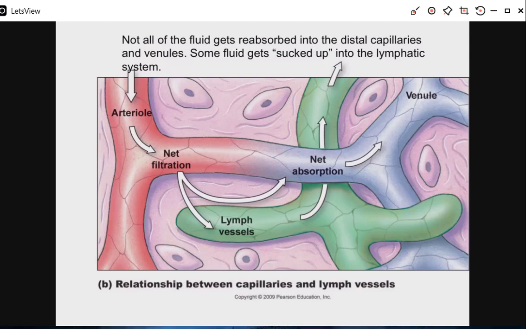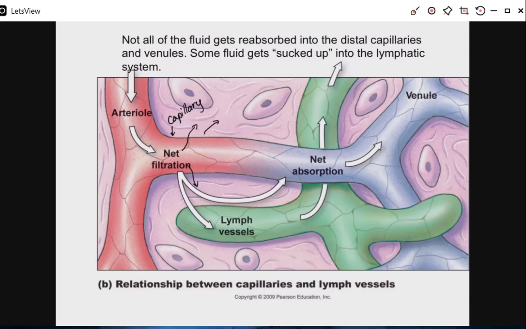But I want to remind you that when you did the cardiovascular system lectures, you learned, and this is a capillary, that the pressure in the proximal part of the capillary was greater than the interstitial fluid, and so fluid has a tendency to move out.